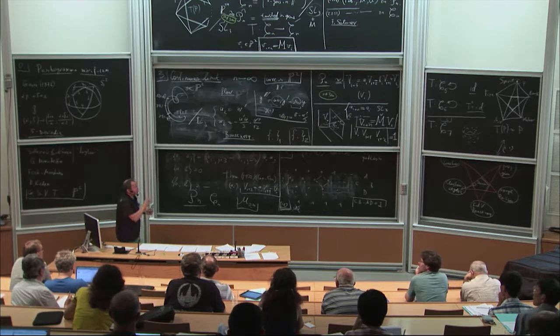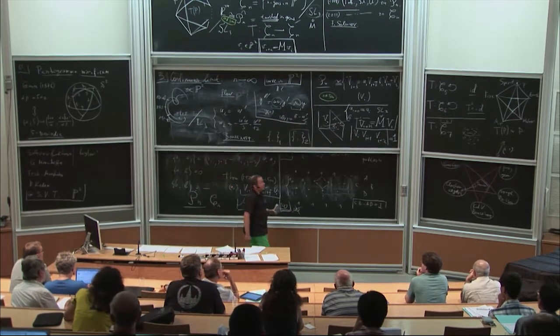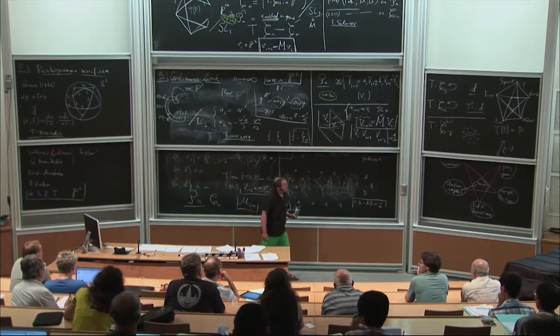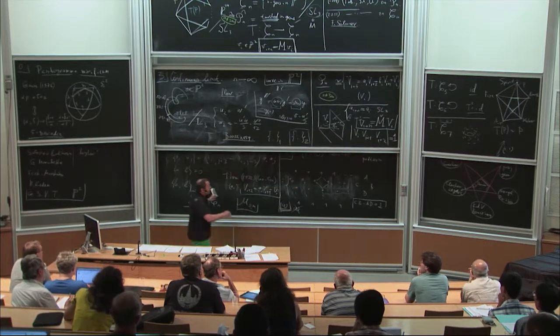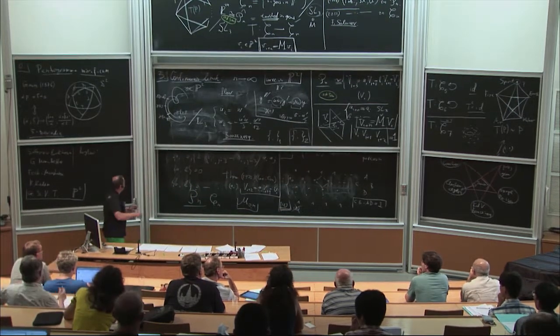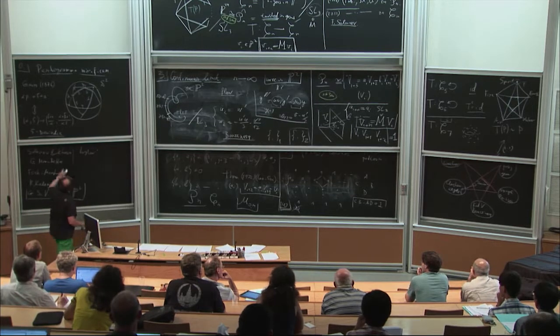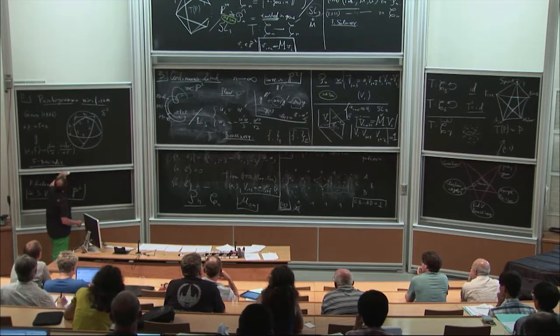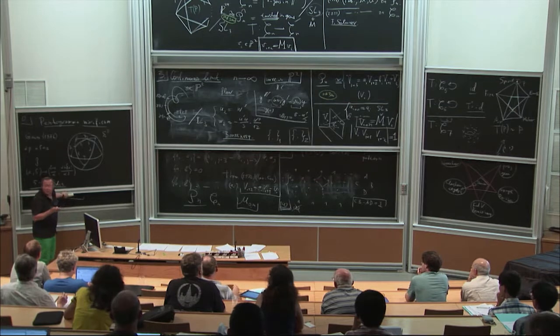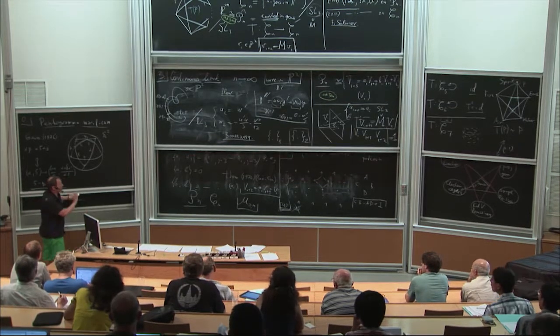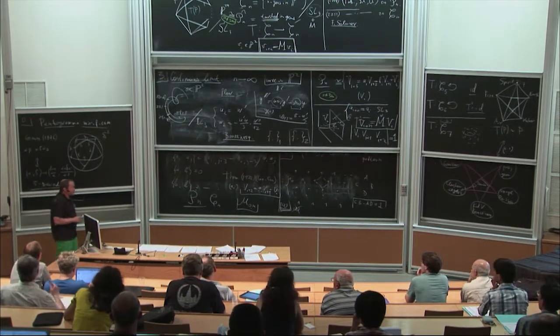Okay, so now there are many other problems. My pentagram would not be complete if I didn't mention the relation to Carl Friedrich Gauss. This will be the very last point of my talk today.